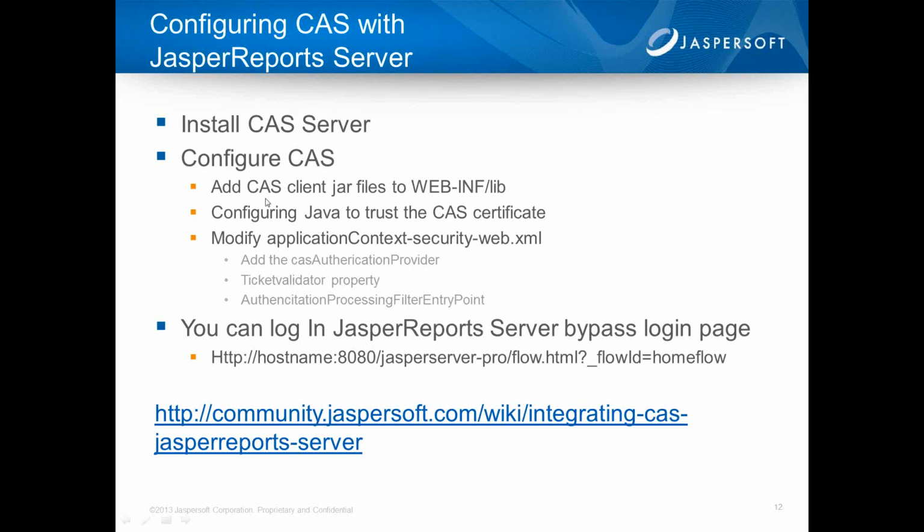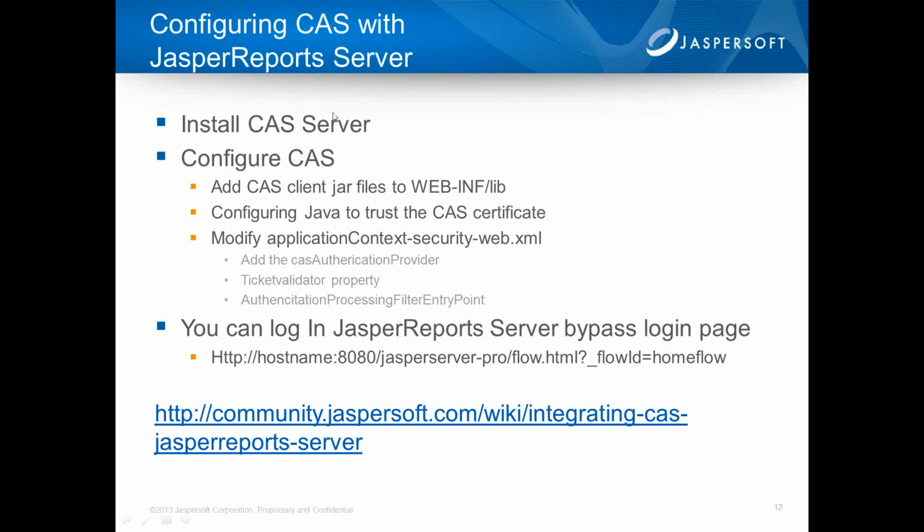Pretty much basic steps here. We need the CAS client jar file, and then in the Jasper server WEB-INF lib you add all the JDBC jar files, and then configure the Java.